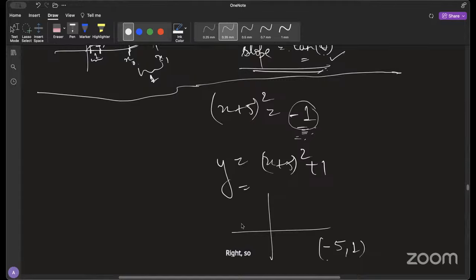So -5 is here, and then 1 is somewhere here, and it opens upwards. So it never touches the x-axis. That's why no value of x satisfies this. If x satisfied this, then that would have been this point, right?